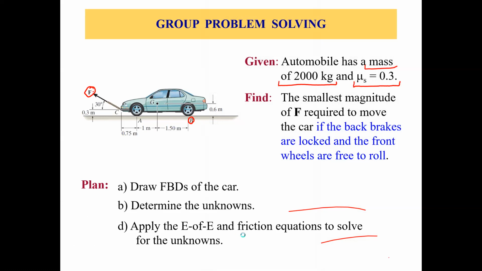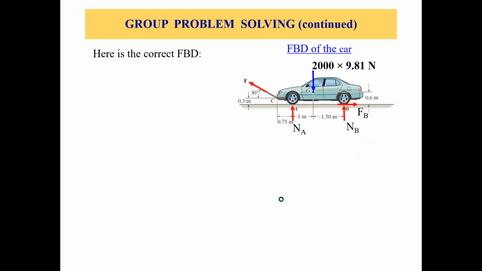We'll apply the appropriate equations of equilibrium and friction equations because we have friction involved, so that's why we have this coefficient of static friction given. And why is there friction? Because the back wheels are locked. Once the force F is applied, there will be friction between these back wheels and the ground surface or the road.